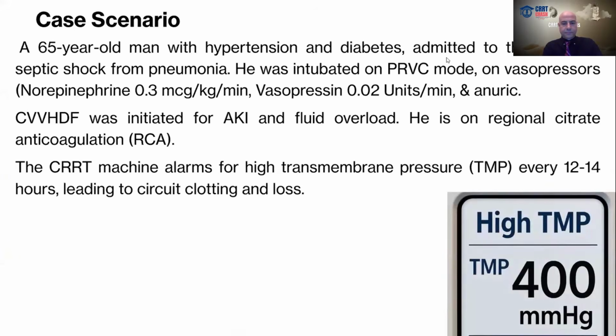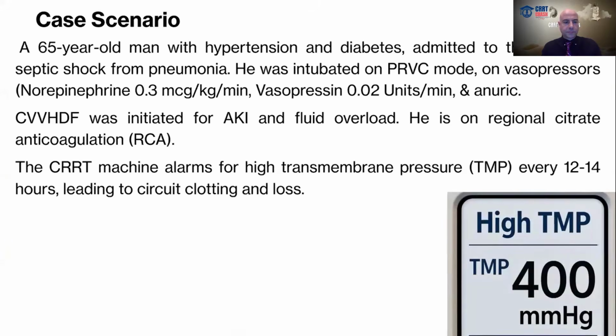This is a 65-year-old man with hypertension and diabetes, admitted to our ICU with septic shock from pneumonia. He was intubated on PRVC mode on vasopressors: norepinephrine 0.3 mcg/kg/min and vasopressin 0.02 units per minute, and he was anuric.